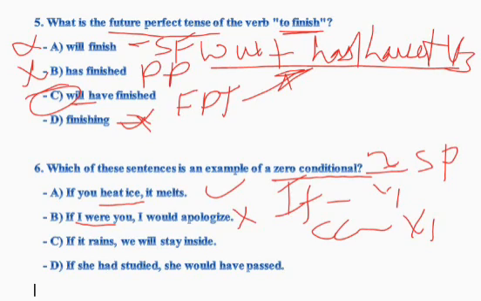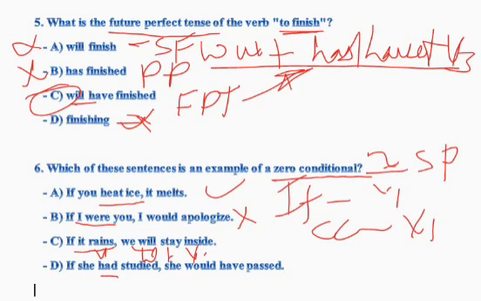Let's see. If it rains, here it is, "If it rains, we will," this is V1, but here what we have is will plus verb 1. D, "If she had started, she would have passed."